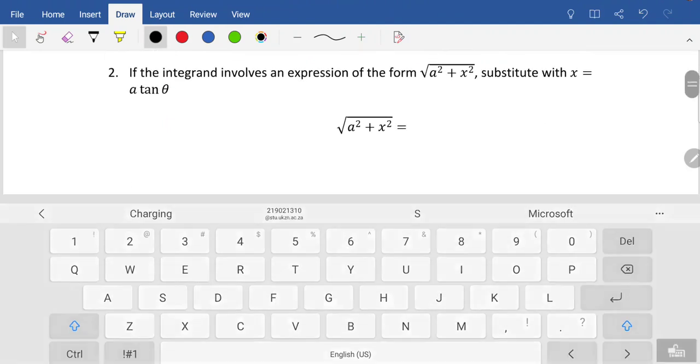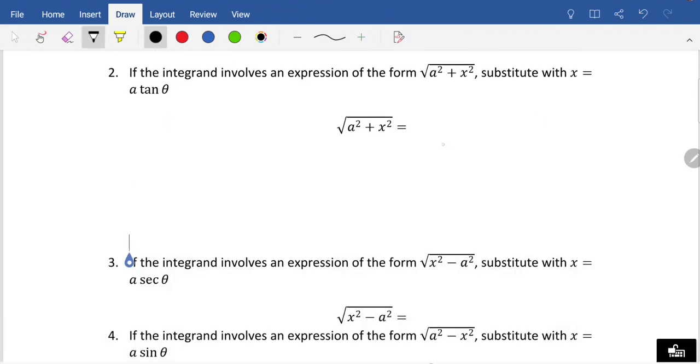So the second rule looks at the case where the integrand contains the form square root of a squared plus x squared, and in that case we're told that we can use the substitution of x is equal to a tan theta.